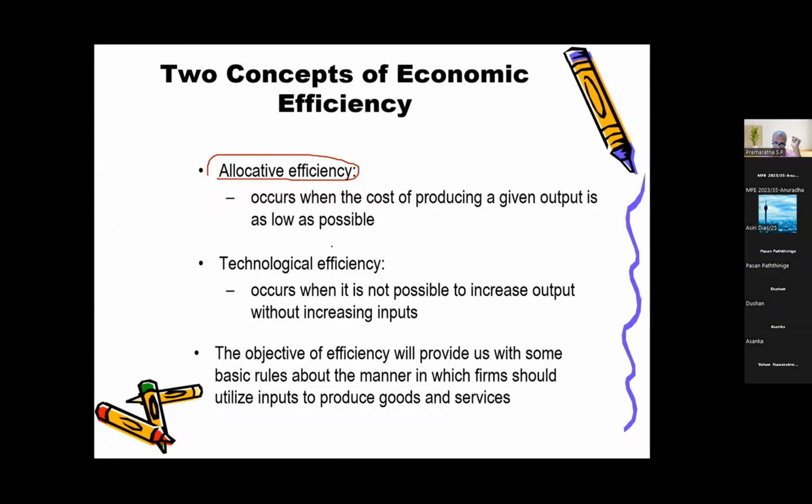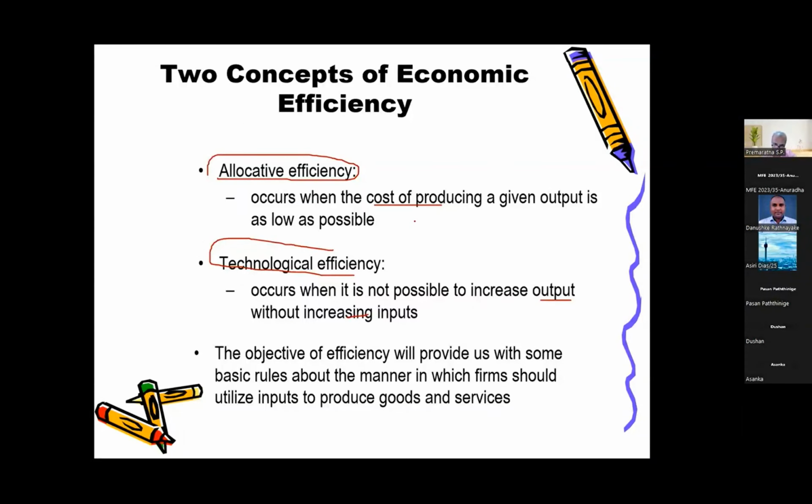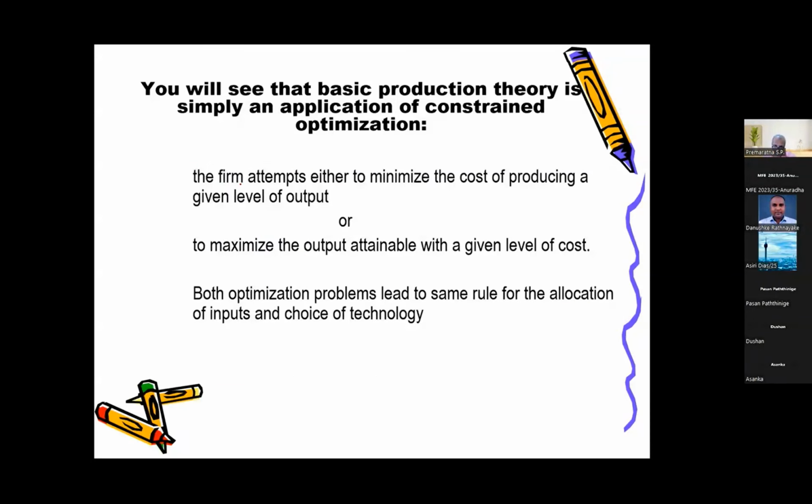2 weeks ago, we discussed those things. The other part is the technical efficiency, directly related to the output and input. The allocative efficiency is mainly linked to the cost side. Individual producers may not understand or think of this kind of economic efficiency concept, or theoretically technical or allocative efficiency achievement, but they use the cost minimization or output maximization strategy.